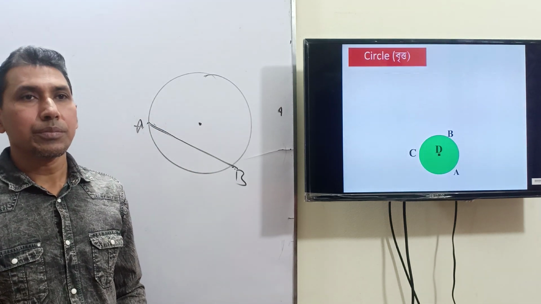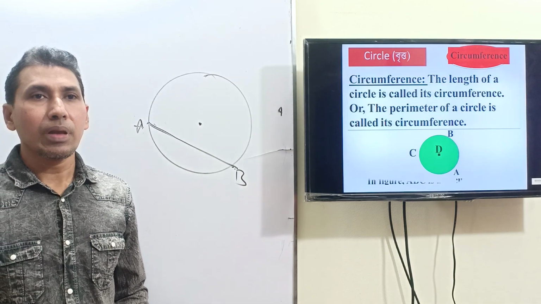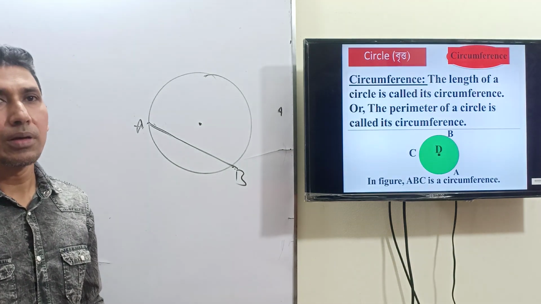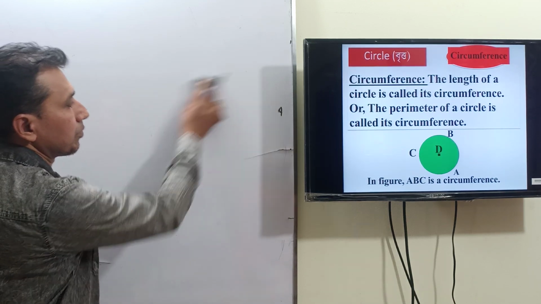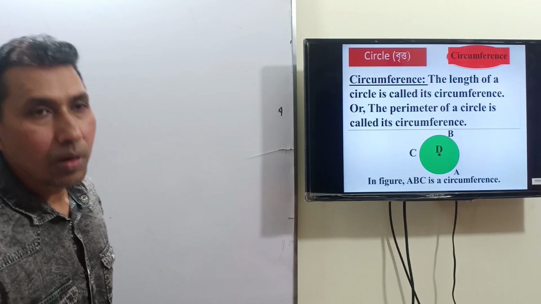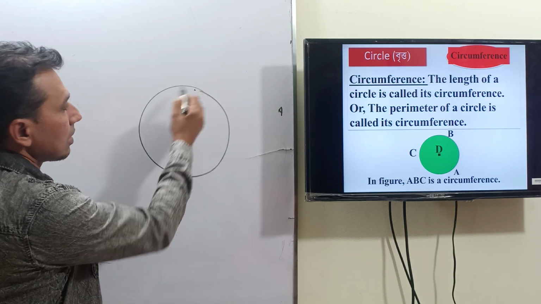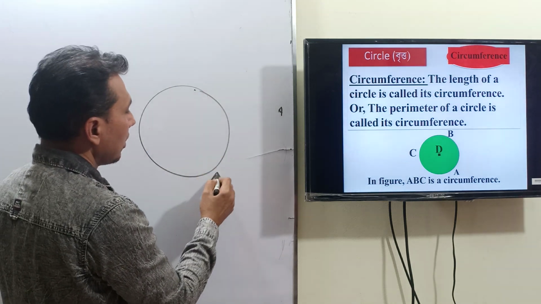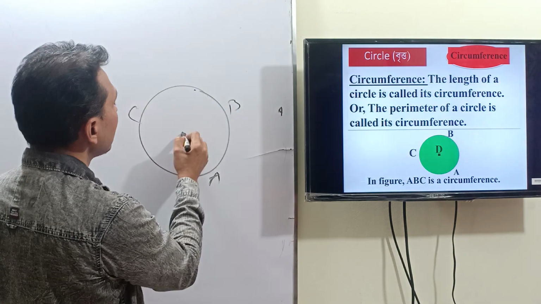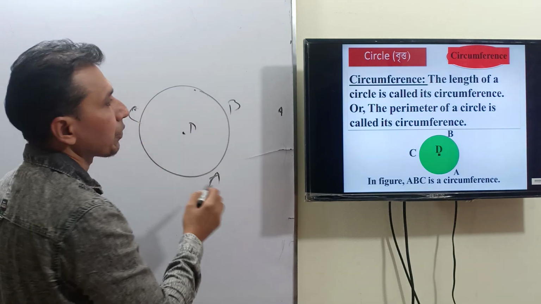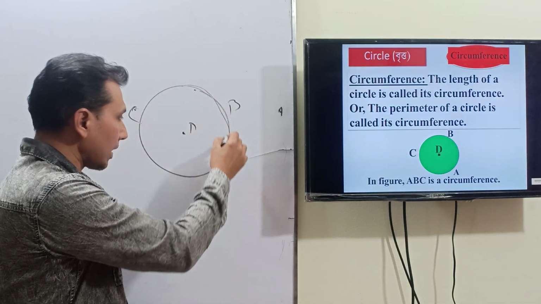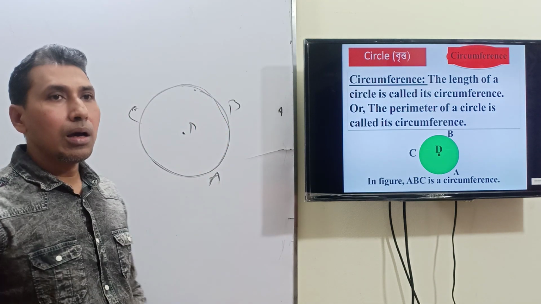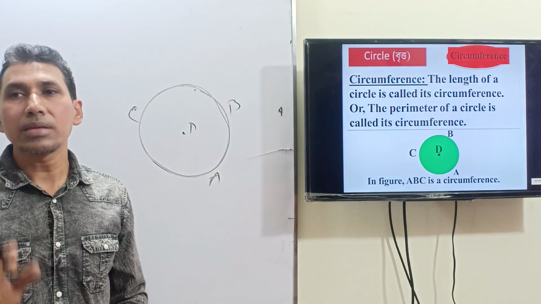Then circumference. This is a circle, A, B, C, D is the center.